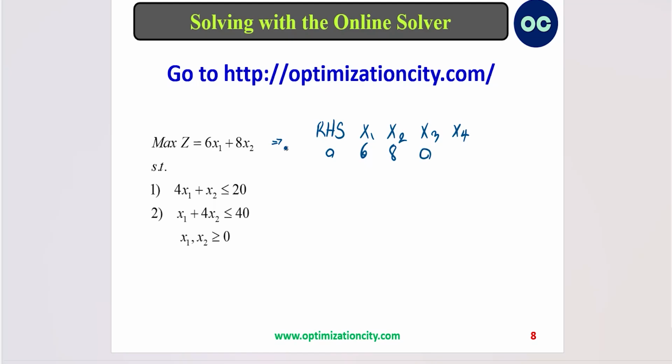The right-hand side of the first constraint is 20. The coefficient of x1 in the first constraint is 4, the coefficient of x2 is 1, and the coefficient of x3 is 1 because we need x3 and x4, and x4 is 0. Then 14, as we stated before, 1, 4, 0, 1.